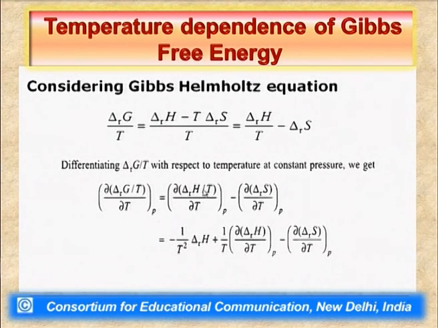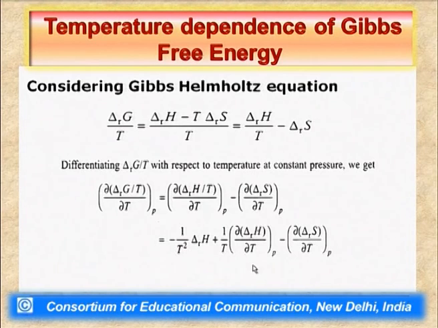Let us keep the first function delta RH as such and differentiate the second one, 1 by T: differentiation of 1 by T is minus 1 by T square. Then plus 1 by T multiplied with the differentiation of the second function delta RH, so delta RH by delta T at constant P. Then minus, this one is simple, delta of delta RS by delta T at constant P.